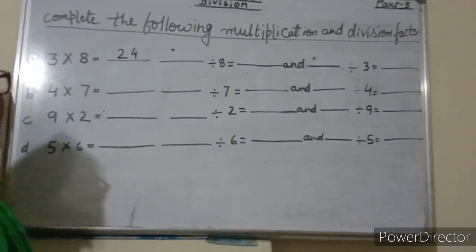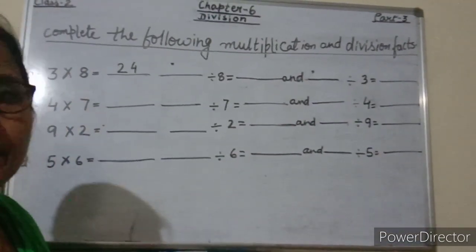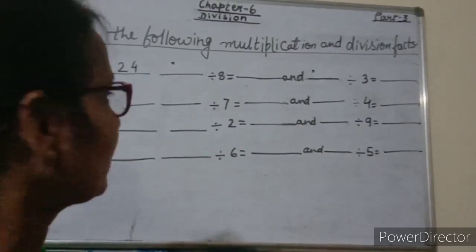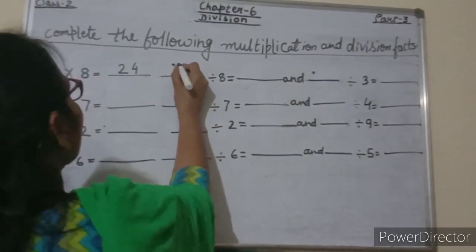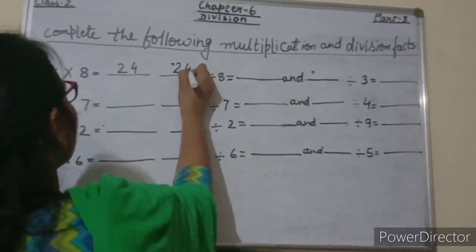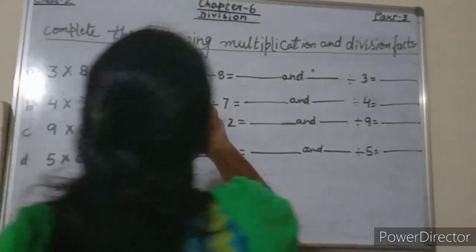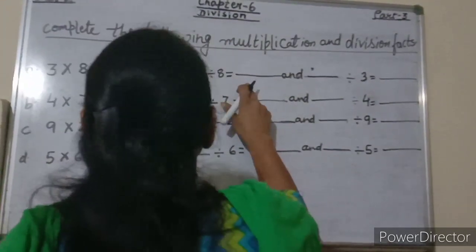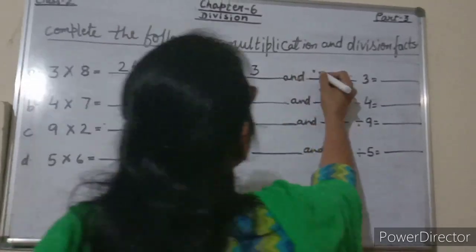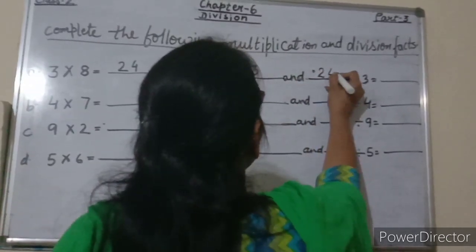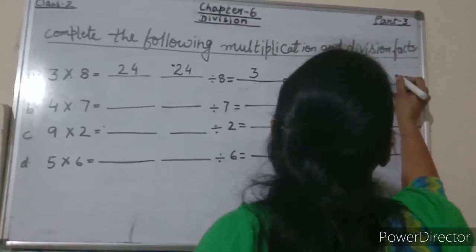Now students, I have told you before that each multiplication has two division facts. Now what will we do here? Yes, here again 24 divided by 8. First we will divide by 8. So 24 divided by 8 is equal to 3. And 24 divided by 3 is equal to 8.